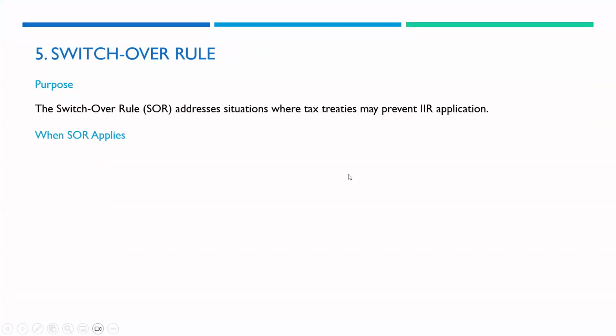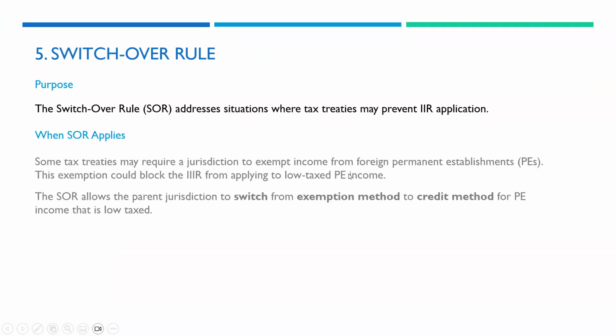So in order to override that, there is something called switchover. Some tax treaties may require a jurisdiction to exempt income from foreign permanent establishments. This exemption could block the IAR from applying to low tax income. They don't have an option for foreign tax credit. They say it's always foreign tax credit and offset is fine. But here there is no option.